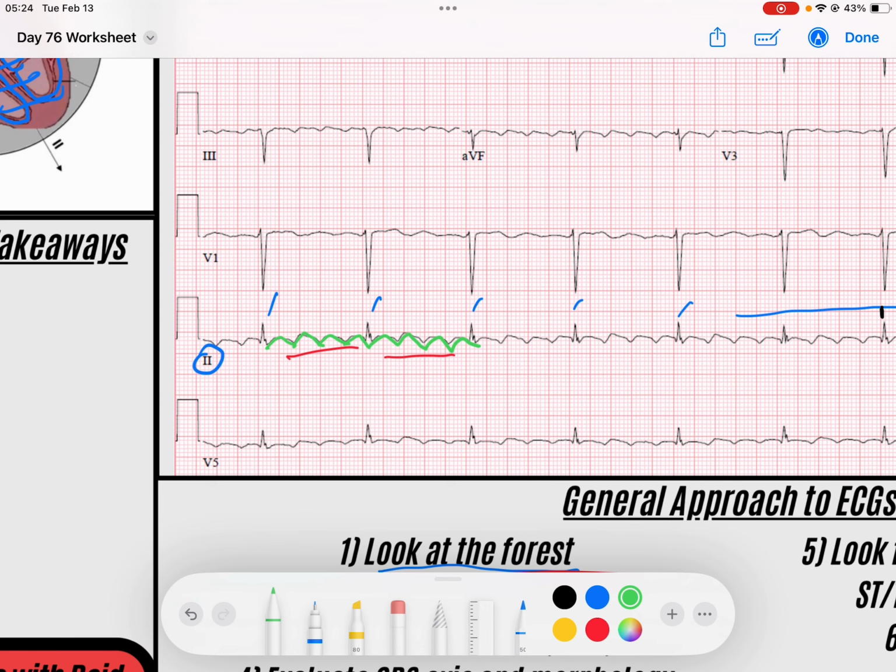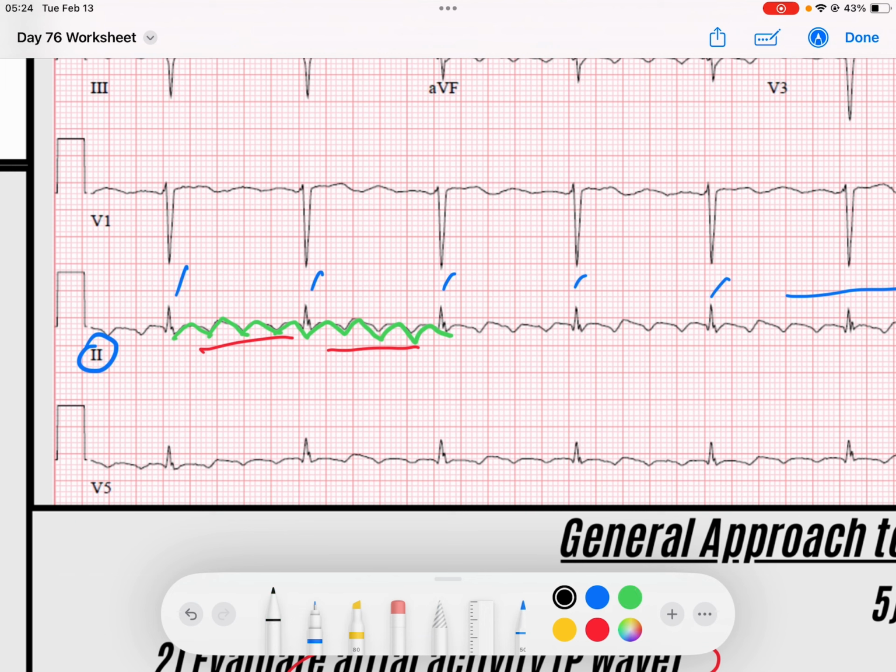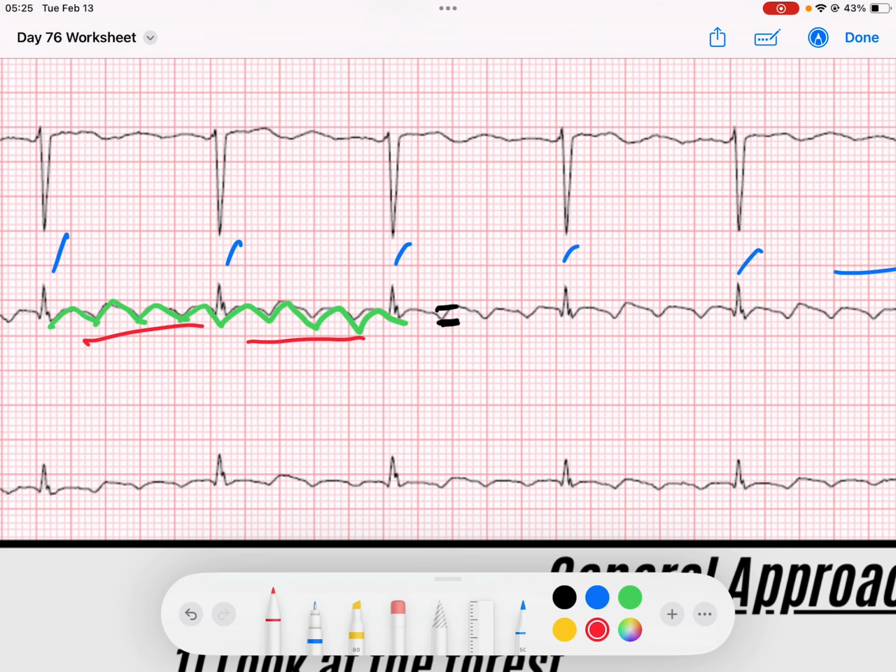But when you have organized waves, in this case, this is atrial activity, because if you could see the amplitude of these, very small compared to my QRS, so the amplitude is small. And when you have these waves and the rate, if I could draw a line at the peak of this one and the peak of this one, the rate is a little bit less than 300 beats per minute. We can calculate that. So we've got 6 little boxes, so I like to do 1500 divided by 6.